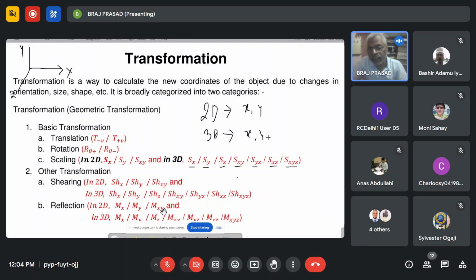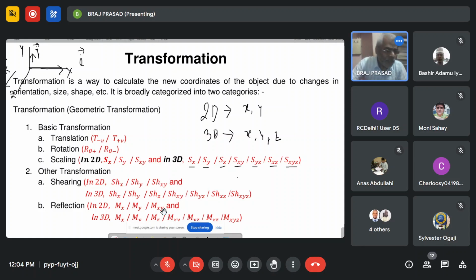x, y, and z. As we know, the direction of x is denoted by the i vector, and the direction of y is denoted by the j vector, and the direction of z is denoted by the k vector.